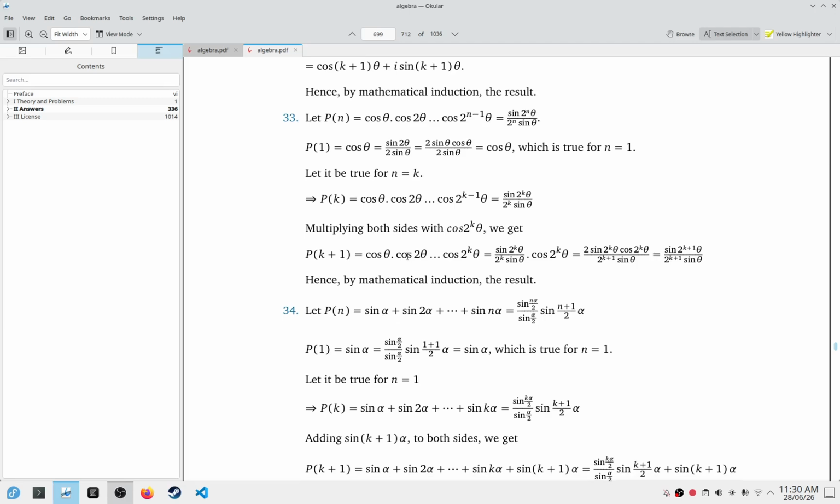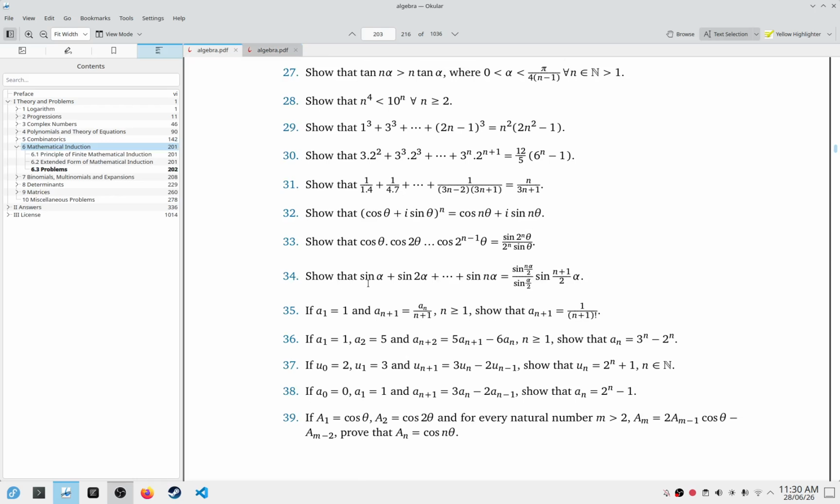Left hand side takes the form of P(k plus 1), and right hand side becomes sin 2 raised to the power k theta times cos 2 raised to the power k theta by 2 raised to the power k sin theta. Now we multiply numerator and denominator by 2. So the numerator becomes sin 2 raised to the power k plus 1 theta, and denominator becomes 2 raised to the power k plus 1 sin theta. And thus by mathematical induction we have the result.